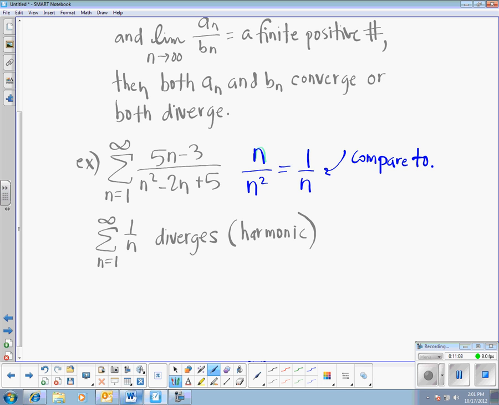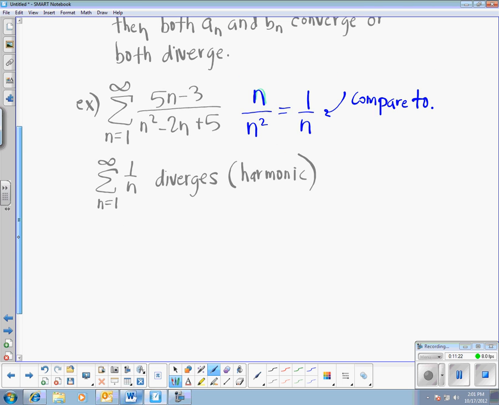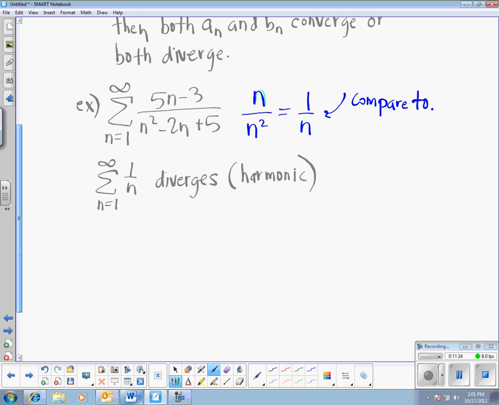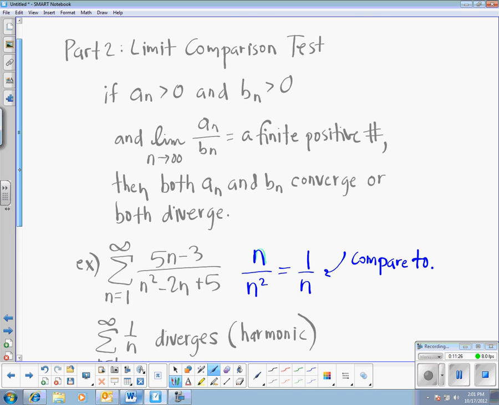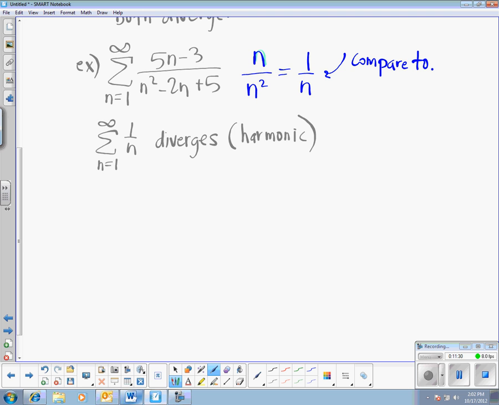So if I can take this limit that I talked about above and get a finite positive number as my answer, then I know they both act the same way. And since the one I'm comparing to diverges, I will know that my series diverges as well. Okay? So this one, not quite as simple, like I said, but I just need to put a sub n over b sub n, which is just the two formulas, one over top of the other.